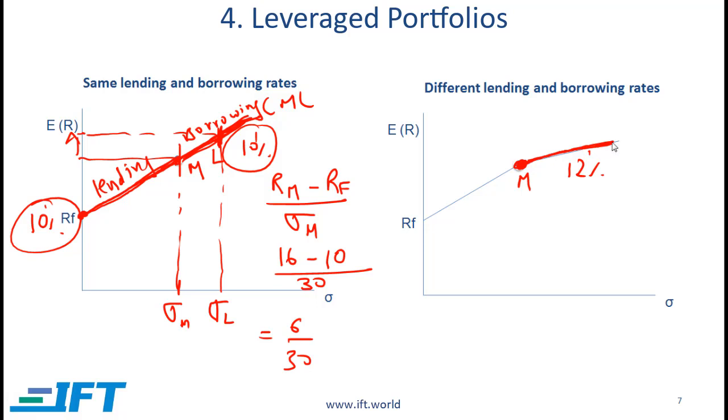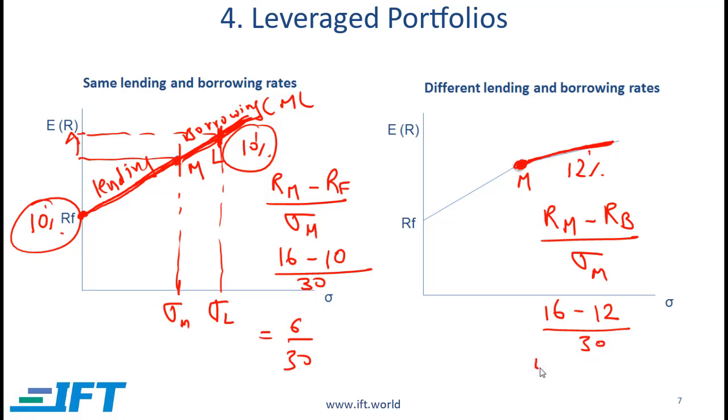Over here, the borrowing rate is relatively high and the slope is going to be return on market minus the borrowing rate divided by risk of the market. Plugging in the numbers, return on market is 16 minus the borrowing rate is 12 divided by risk of the market is 30.